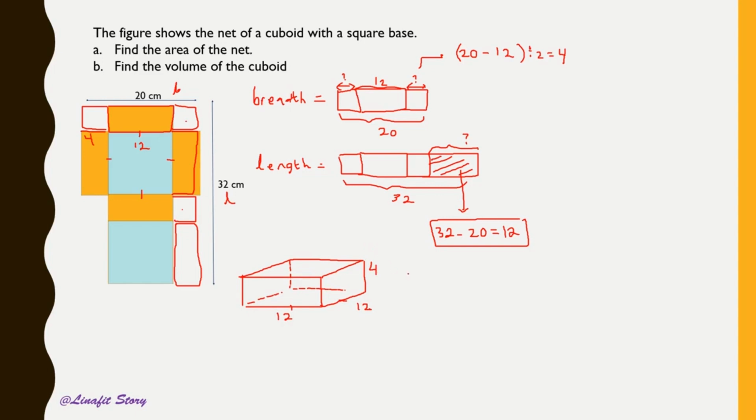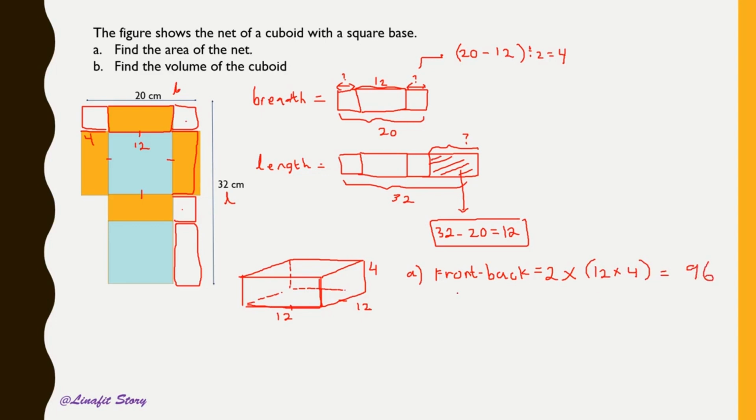So now we will solve question A. Find the area of the net. We'll count the area of the front and back. 2 times 12 times 4 equals 96 square cm.